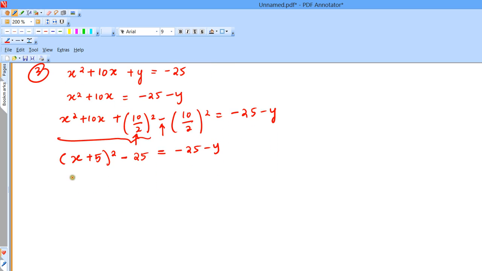Simplifying this, we get (x plus 5) squared equal to -y. From this equation, we know that this is a vertical parabola, and based on the negative sign, this parabola opens downward.